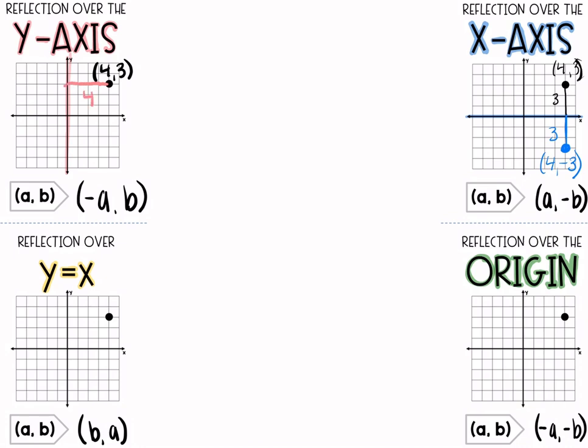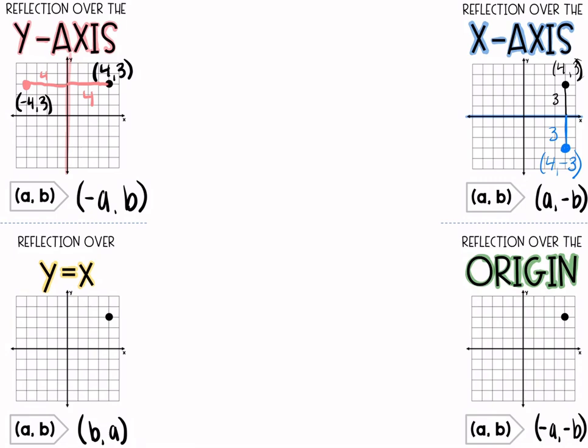So I'm going to go 4 spaces, 1, 2, 3, 4. Okay, so this is my new point, which is (-4, 3). So when we reflect across the y-axis, we change the sign of the x value. So (a, b) becomes (-a, b). That's the quick way you can remember it, but you can always do the counting thing. That works anytime you do this.